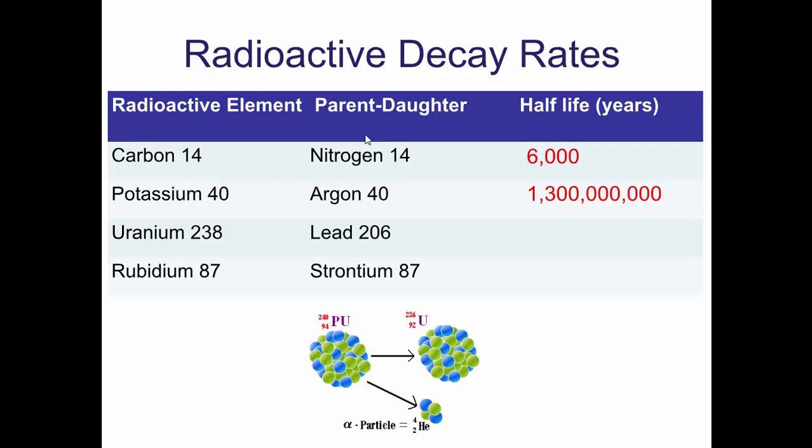Uranium-238, does this look familiar? That's the decay chain you just worked out. Uranium-238 decays into lead-206 with a half-life of about 4.5 billion years.